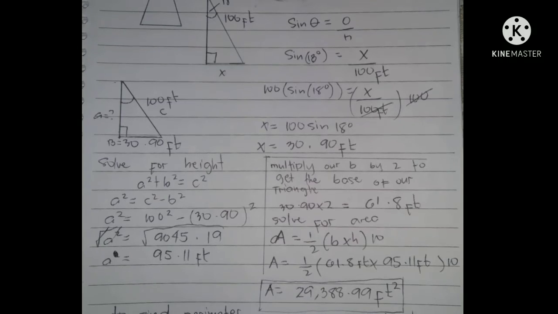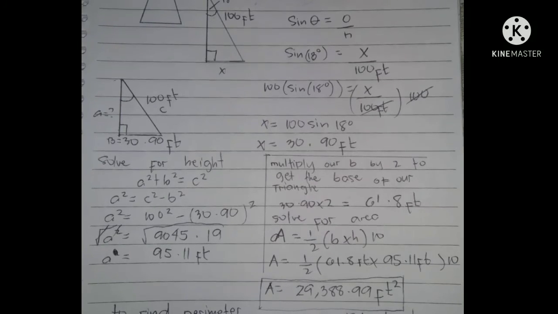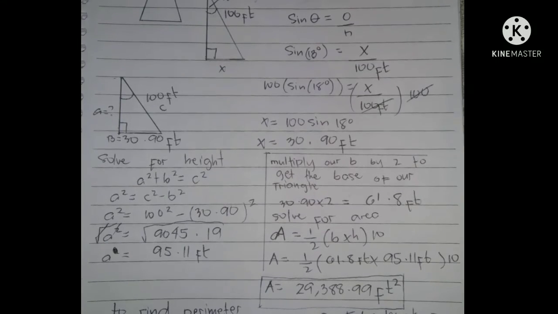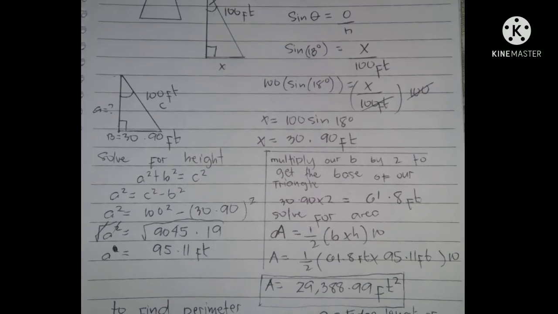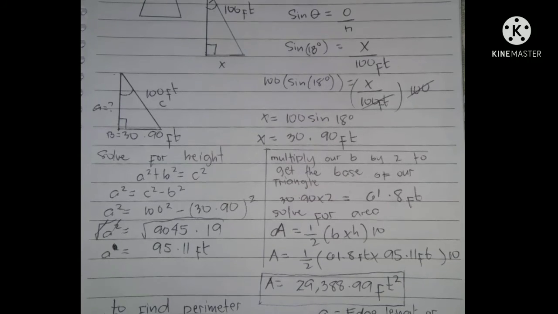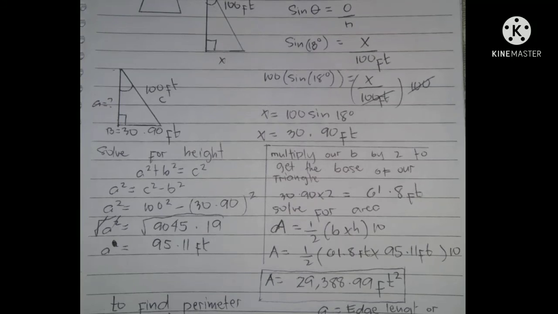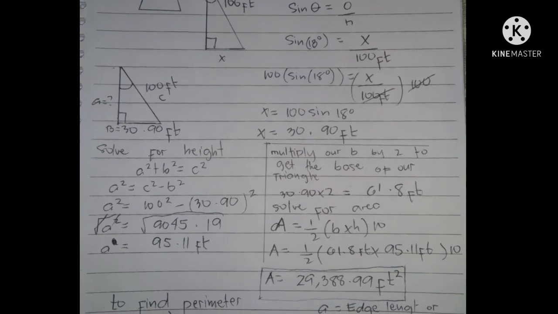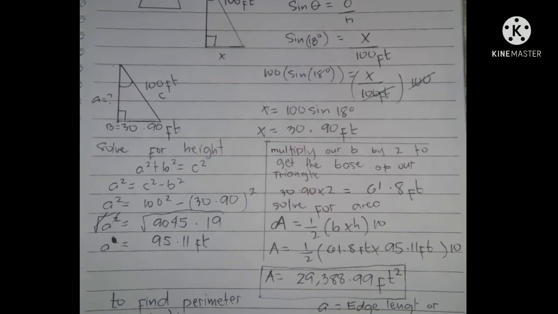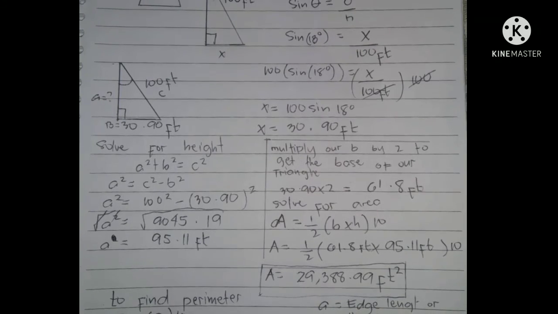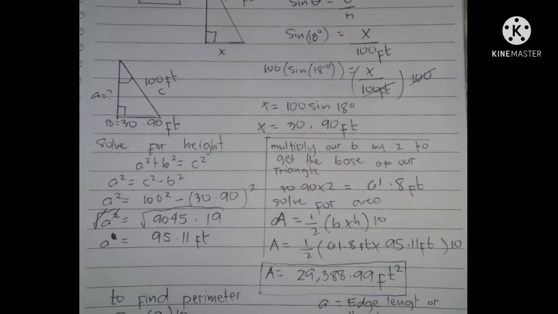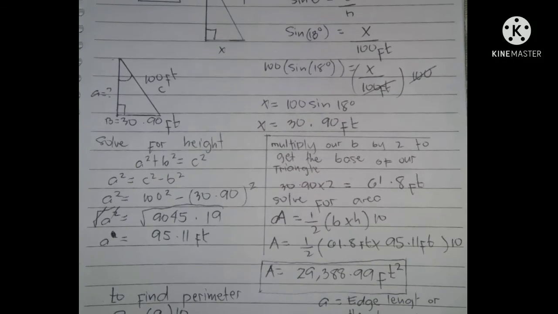So now since we have our adjacent and our opposite, or we can say the height and the base of our triangle, we can solve for the area. So first multiply our b or our opposite by 2 to get the base of our triangle. So 30.90 times 2 is equal to 61.8 feet. So let us solve for our area.